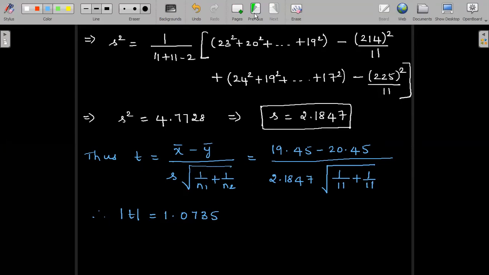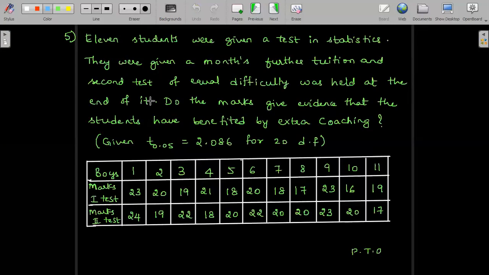We were asked to compare it with 5% level of significance. So it was given t 0.05 is 2.086 for 20 degrees of freedom. For 20 degrees of freedom it was mentioned for us, because N1 is 11, N2 is 11. So N1 plus N2 minus 2 gives us the degrees of freedom for two samples.